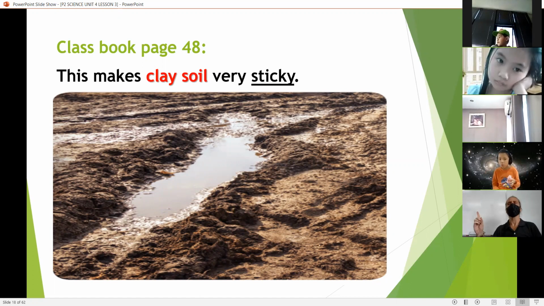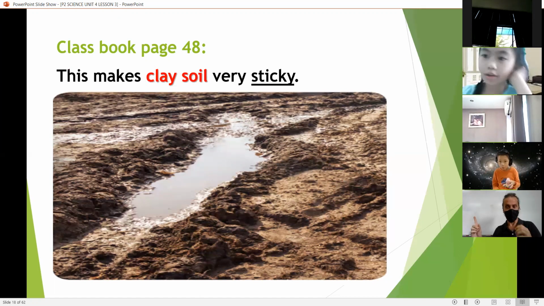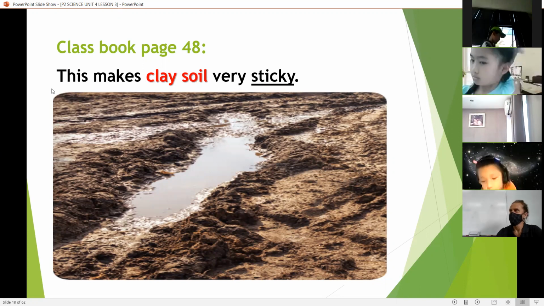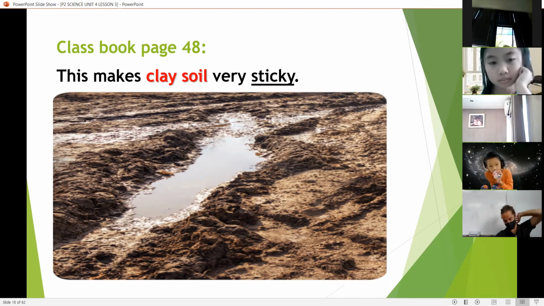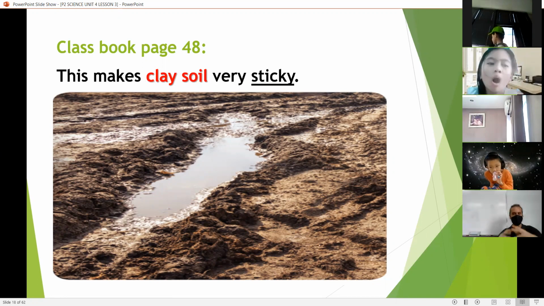You know sticky? Clay soil is very, very sticky. When you put water in clay soil, it will stick together.